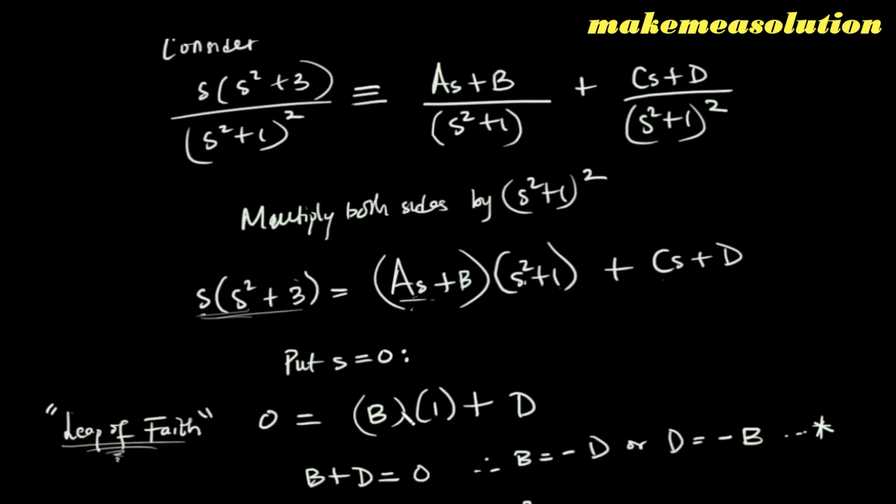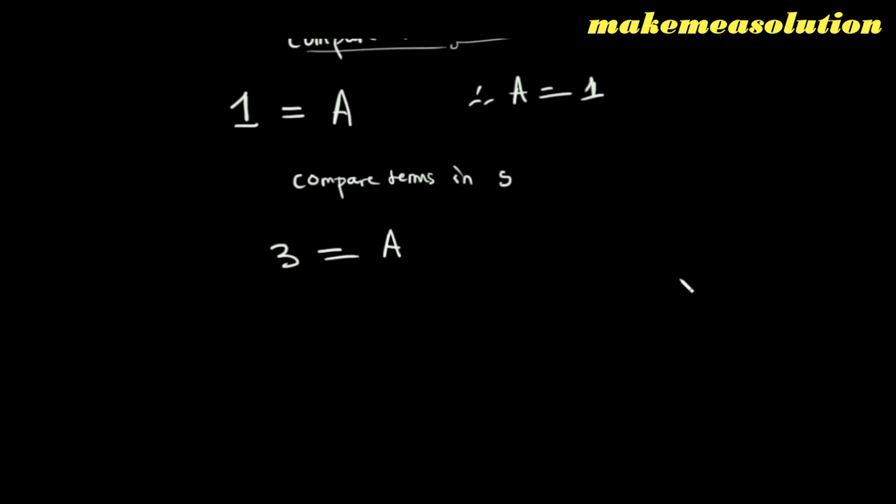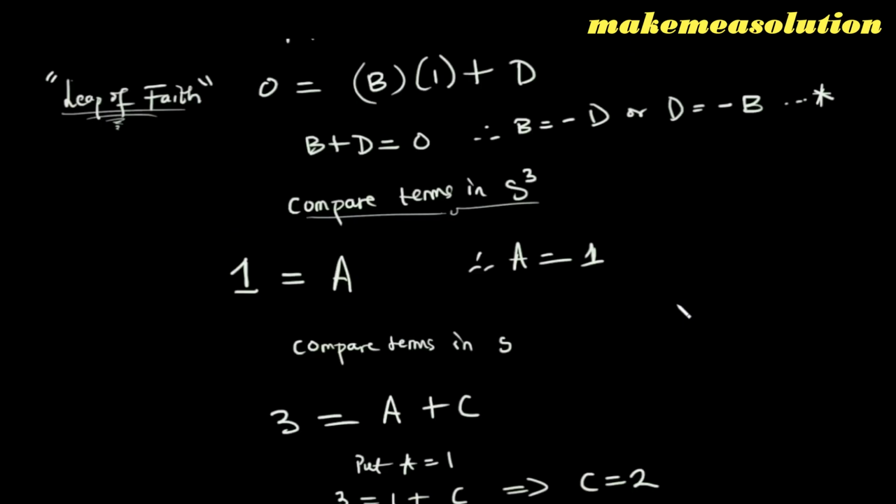As is one contribution. Of course you can see as times 1 is as, therefore we have 1 from here, then we now have cs. So from the left hand side you have a plus c. Now a is already 1, so if you put a equal to 1 in this equation, you have 3 is equal to 1 plus c, implies that c must be 2. So we've gotten the value of a and c.